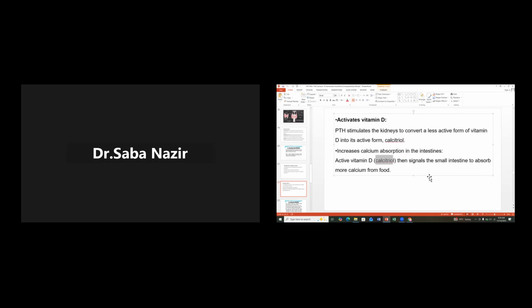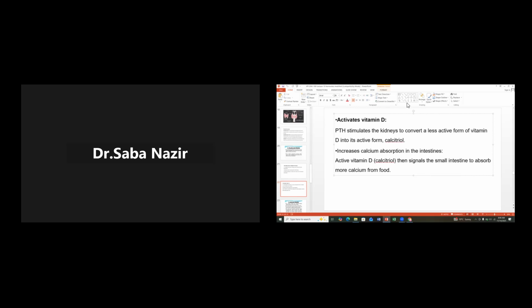The active vitamin D form is calciferol. It signals this calcium to be absorbed from the intestine. Okay, now remember there are two pathways from which calcium can be absorbed. Either your bone was previously demineralized and the signals are sent to the kidney for the reabsorption of calcium.